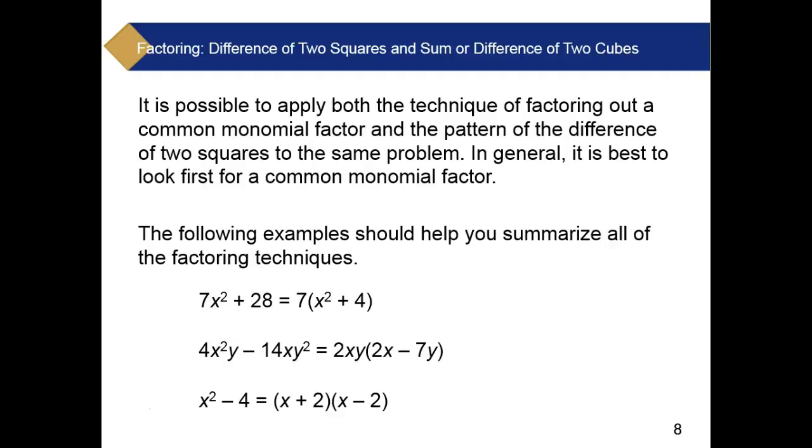Is that factorable? How? Factor out a 7, not 7x, just 7. And what do you have left? x squared plus 4. Can you go any further? How? x plus 2 times x plus 2.